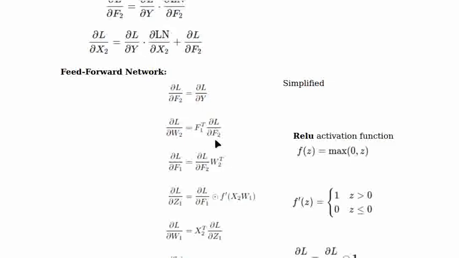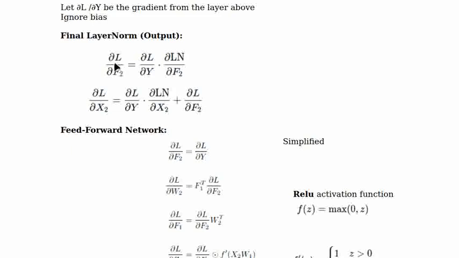We make simplifications by assuming that dL/dF2 is equal to dL/dY. So it means from here, dL/dF2 originally is equal to dL/dY times this part. So we ignore this part here.